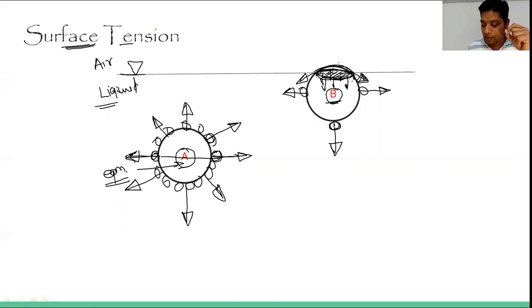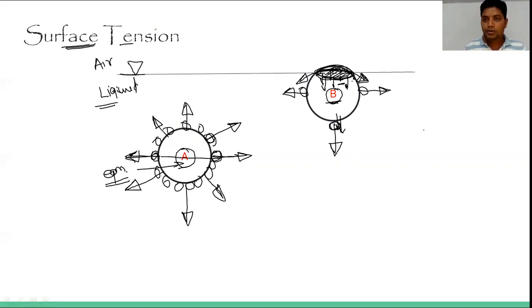Now the surface tension force that is applied will be equivalent to the pressure force applied by the air inside. That will be equal to the surface tension. Till it is equal, it will never move to the downward side. When it is less, then it will move downward and become a part of the liquid, like the A molecule.